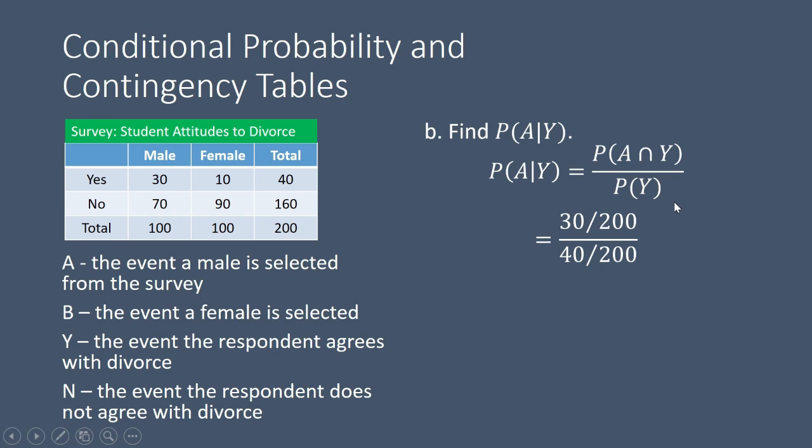And P of Y, the probability that the respondent that is chosen agrees with divorce: this is the part of your sample space that agrees with divorce. There are 40 of them. So P of Y is 40 divided by 200. And simplifying this gives us 30 over 40 or 3/4.